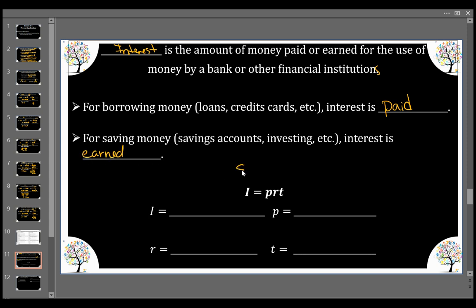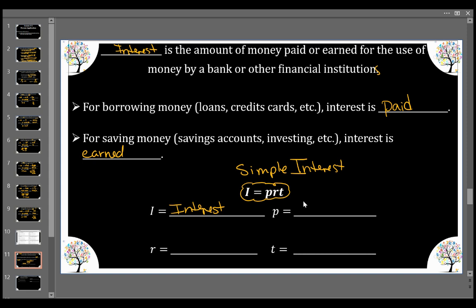Below is the formula for simple interest. Compound interest is another common interest, but we're going to speak about simple interest. So it's I equals P times R times T. So this will be the equation we will use for this part of the lesson. So I is our interest.